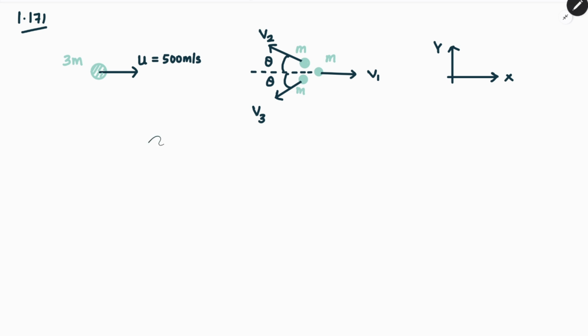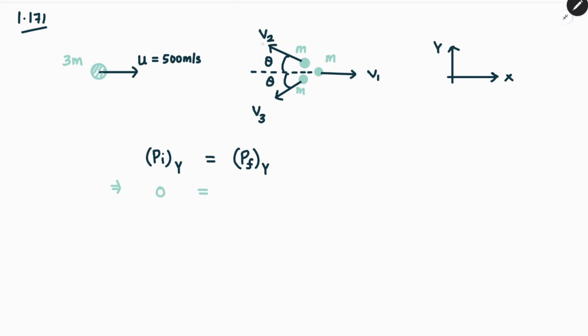So in order for v1 to be maximum, over here we are considering this scenario, so we can say that there is no momentum in the y direction. So initial momentum in the y direction must be equal to the final momentum in the y direction. Initially there is no momentum at all in the y direction, so finally also there must be no momentum in the y direction.